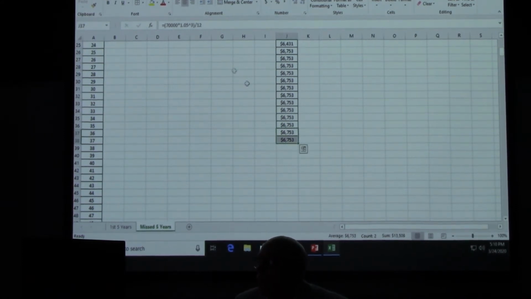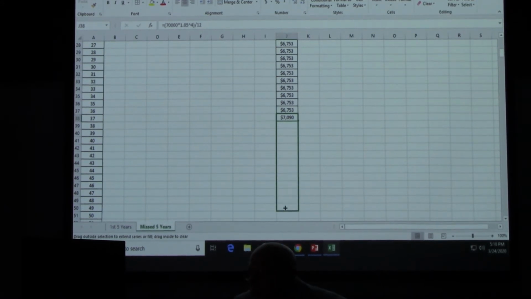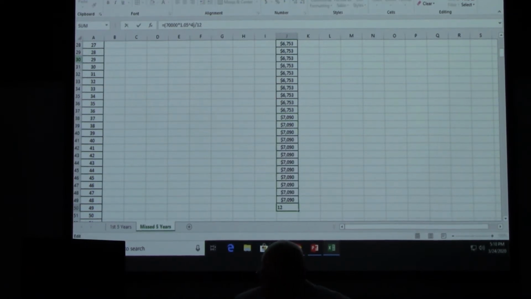Let's reverse that. This will be raised to the fourth, and we'll take that to 48. Actually, go ahead and take it down to 49. 49 will be fifth.